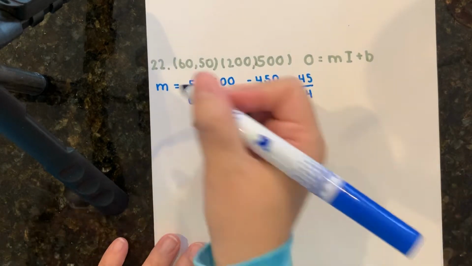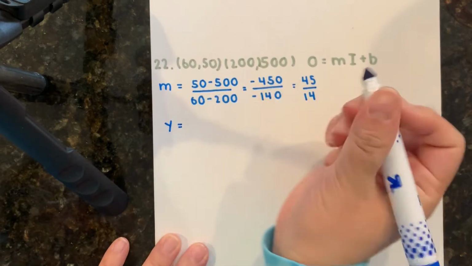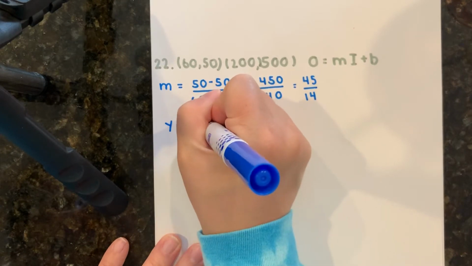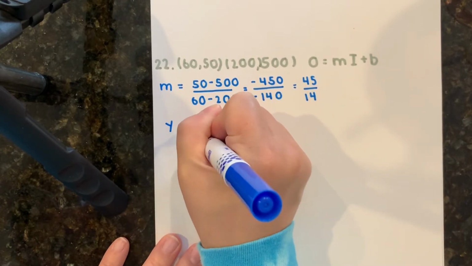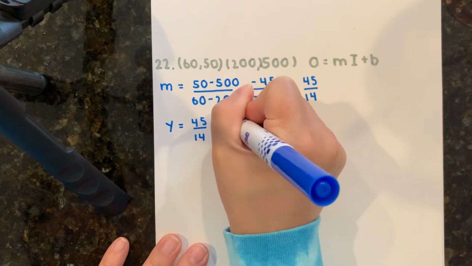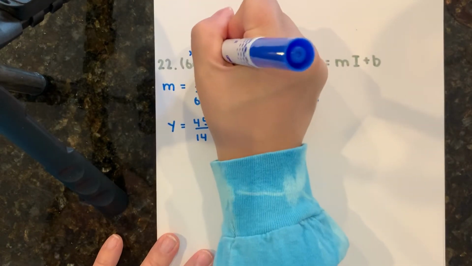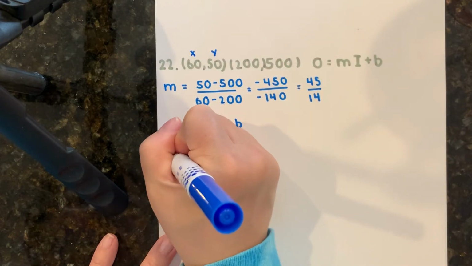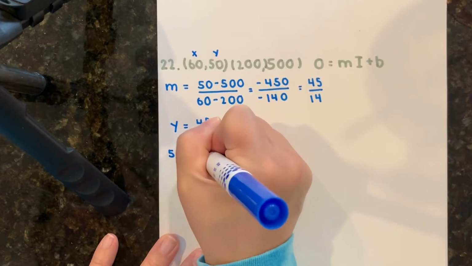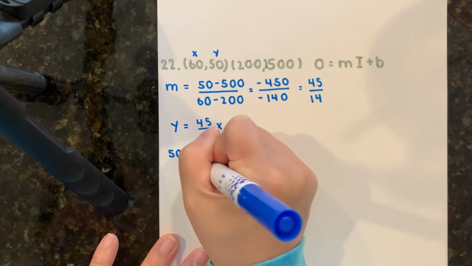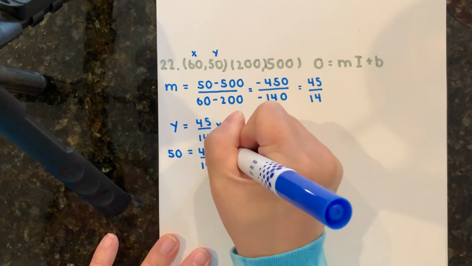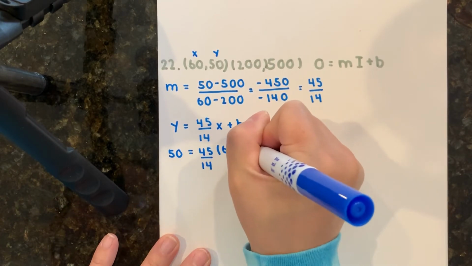Now I'm going to come up with my plus b. So if I have y equals 45 over 14 x plus b, I'm going to plug in my points. So this would be my x, this would be my y. So this would be 50 equals 45 over 14 times 60 plus b.